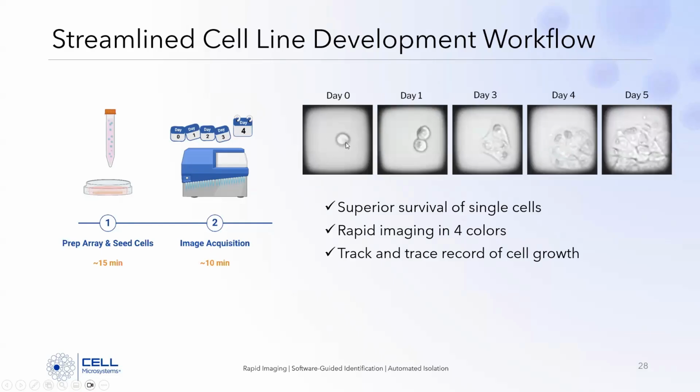Because the cells are all growing in shared culture media, we have a superior survival of single cells. For the most part, somewhere between 85 and 95% of the cells that attach as singles will grow into viable colonies. We can perform rapid imaging in bright field and red, green, and blue fluorescence, and we can provide a track and trace record of cell growth, which is an image-based record that can be useful for data collection as well as for record keeping for filings.